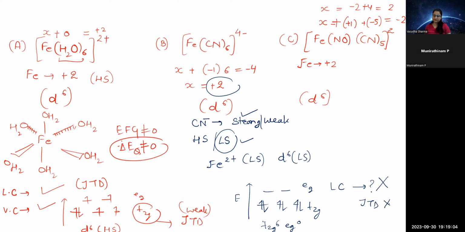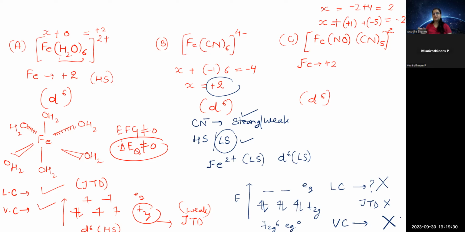Is that clear? Clear, ma'am. Now, similarly, looking at this, can you please tell me whether it has a valence contribution or not? Valence contribution is not available, ma'am. Yes, because there also we have to see the same feature, whether T2g and Eg are unsymmetrically filled.